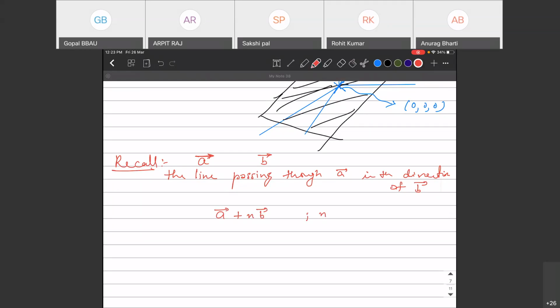Something is missing. What is n? Missing some point. Direction coefficient. Where will that coefficient come from? What is that direction coefficient? I'm asking what is that coefficient?